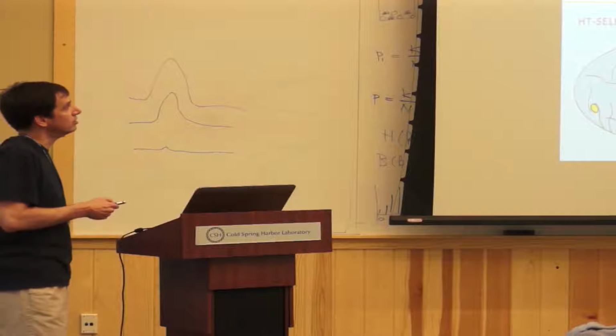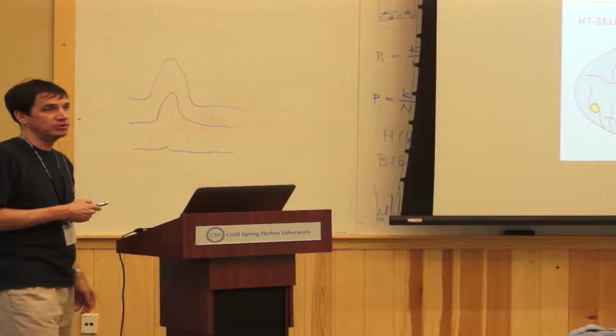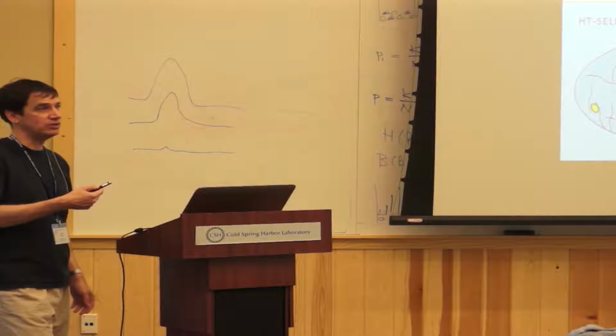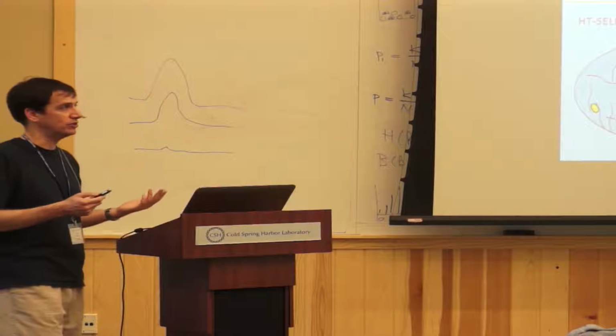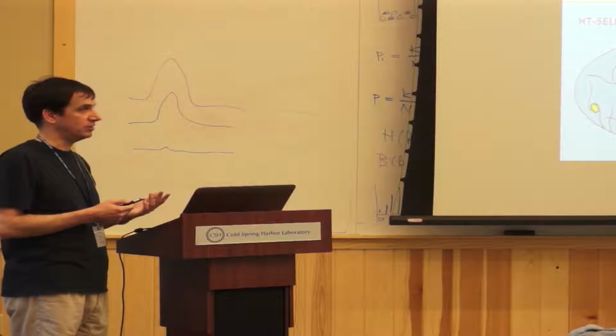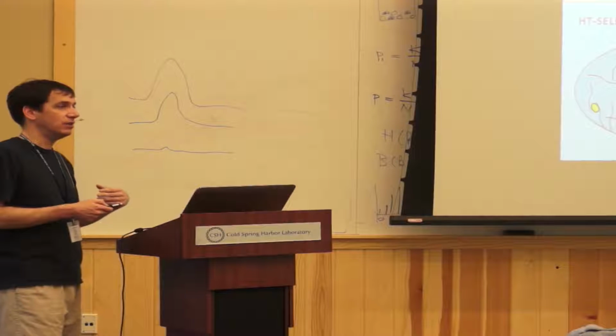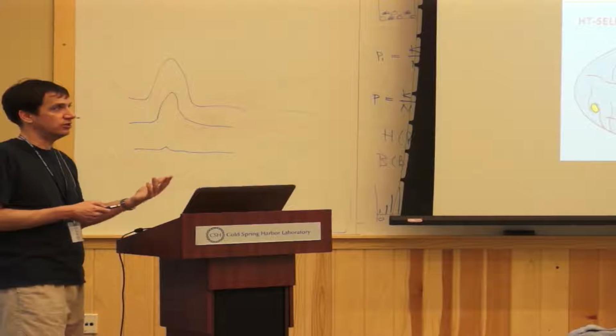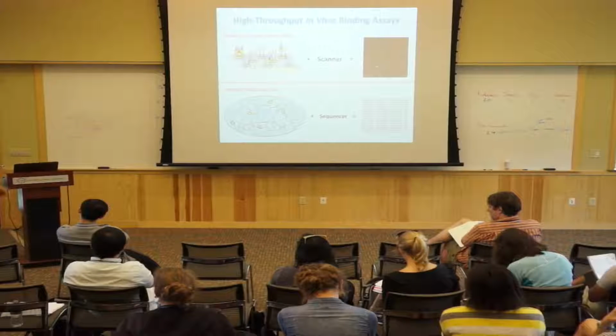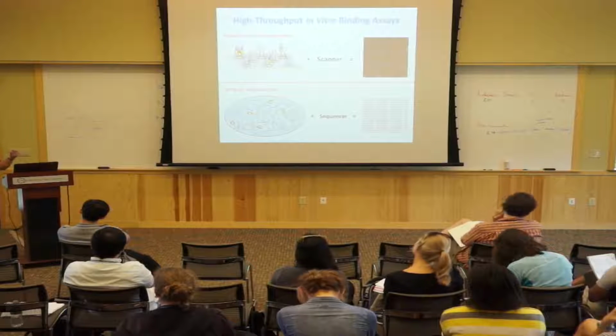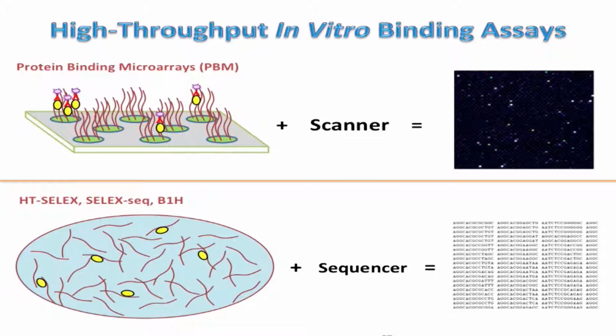So that's why using in vitro binding data to build your specificity models is so much easier, because in the in vitro setting, you don't have to worry about chromatin state or DNA accessibility. All the DNA is equally accessible, and so it's much easier to say, okay, if I have higher occupancy here than I have here, it's solely because of differences in affinity to the underlying DNA sequence, right?